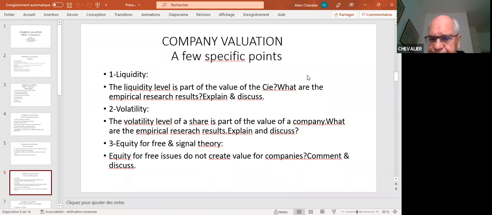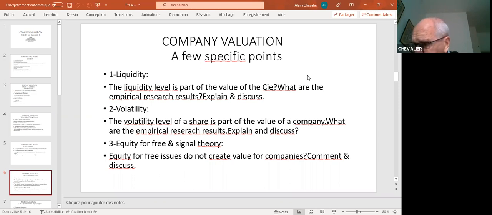It is also part of the communication policy. If you argue positively on the reason why you decide, as a CFO, to make an equity issue for free, you communicate positively on the firm and its financial policy. This is what is explained by signal theory, and we said a few words last time on signal theory.